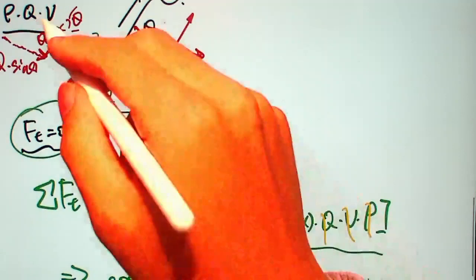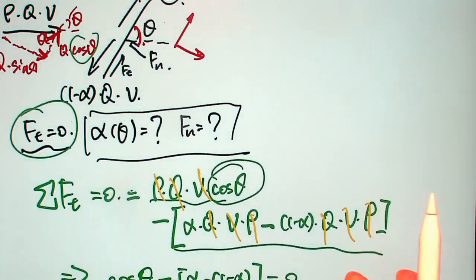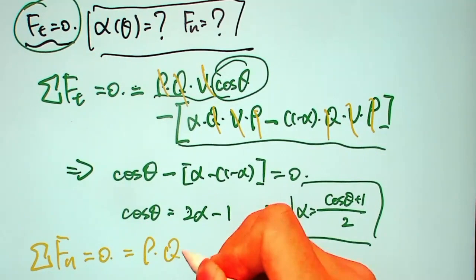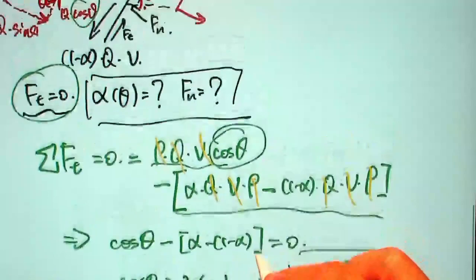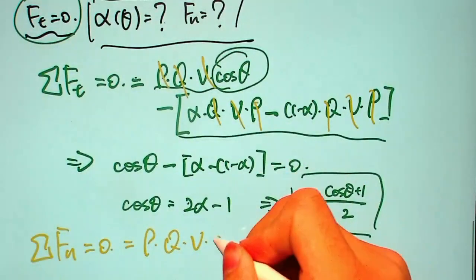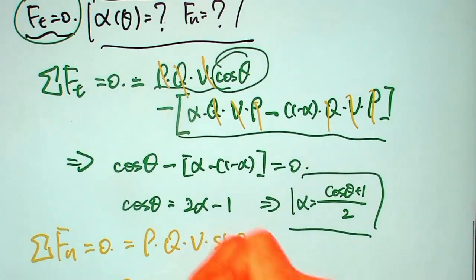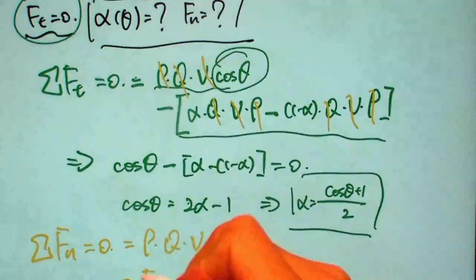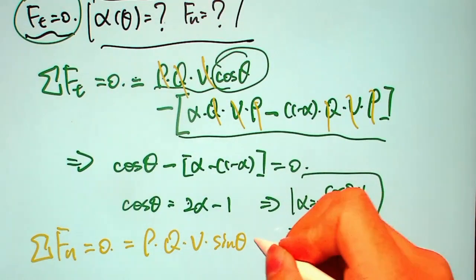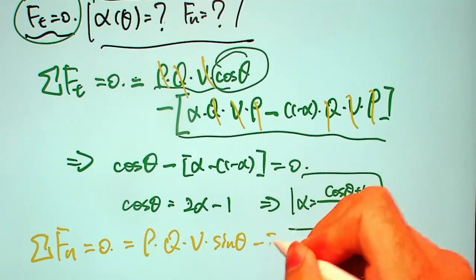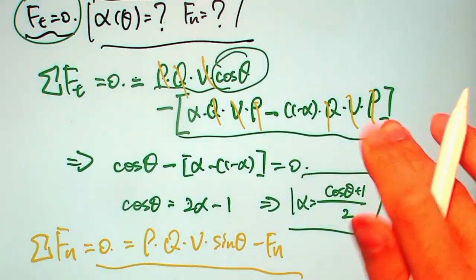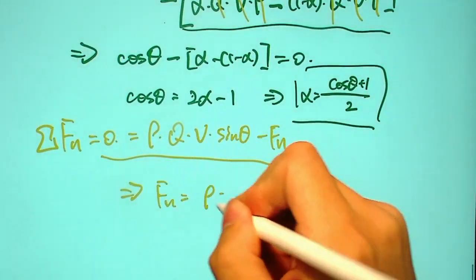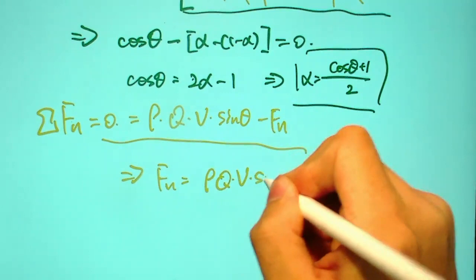We have the inlet force as density times q times v times sine theta, which should be the same as the Fn. The outlet will be the Fn, right? Minus Fn. So this one should be 0. So the normal force is straightforward, will be density times q times v times sine theta.